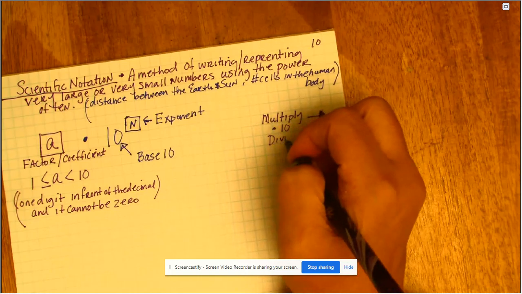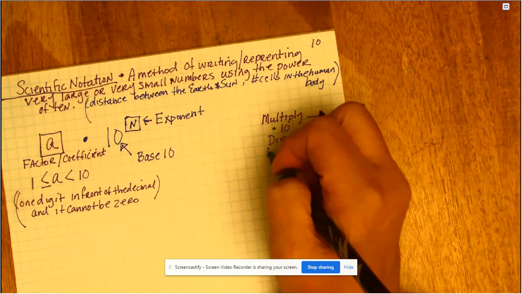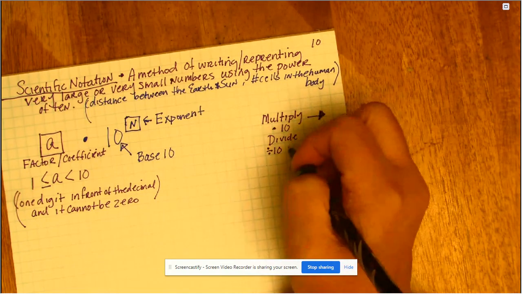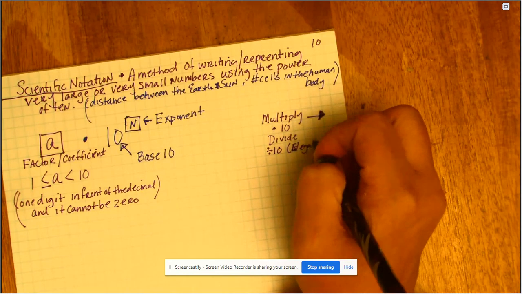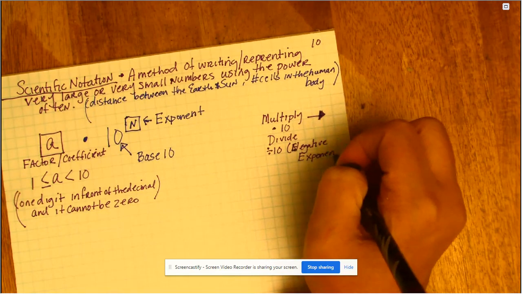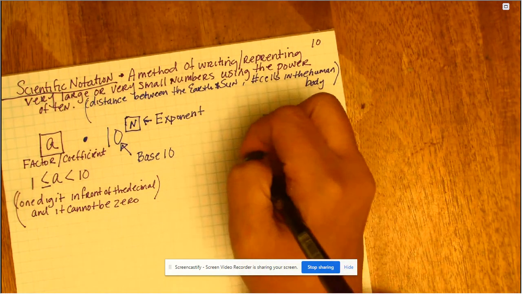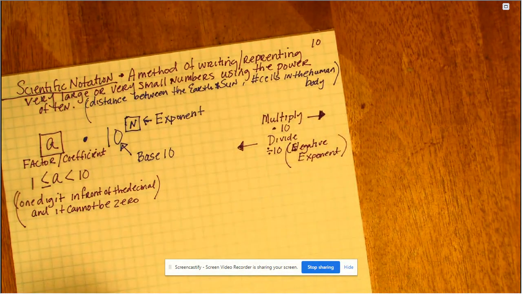And if you divide by 10, right, also using a negative exponent, because if you remember, that does the same thing. Your number will get smaller. Okay, so we just kind of need to keep that in mind in terms of how we're going to determine what the exponent is when we change a number into scientific notation.